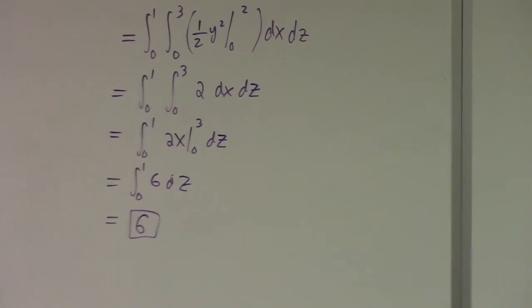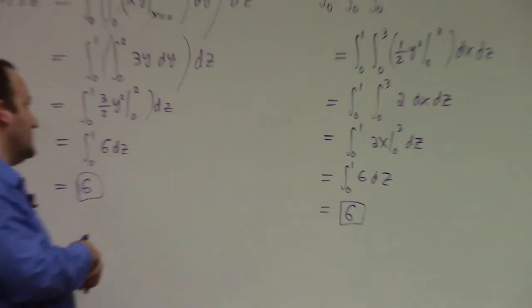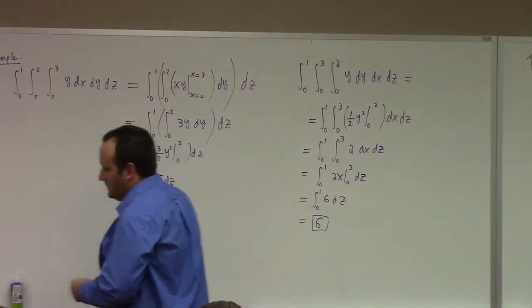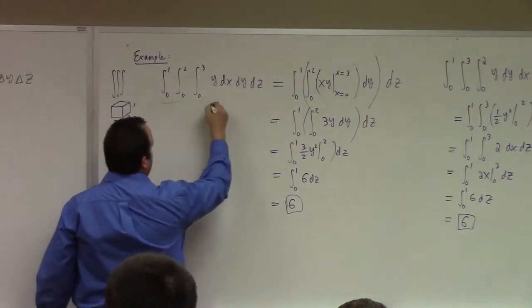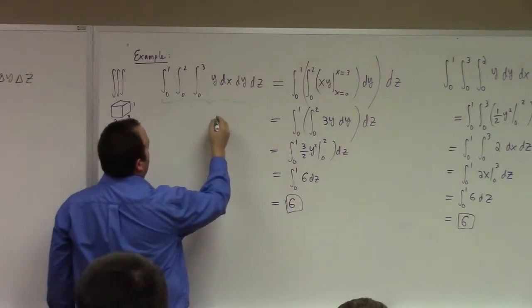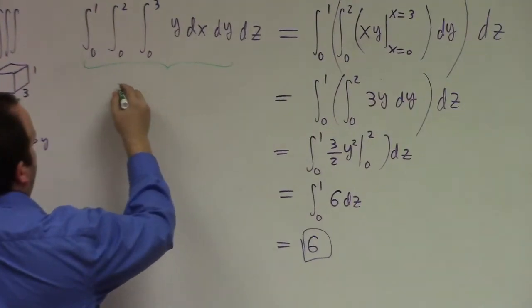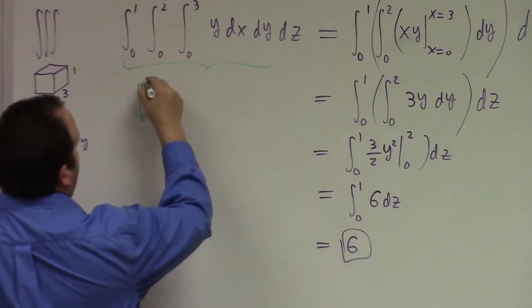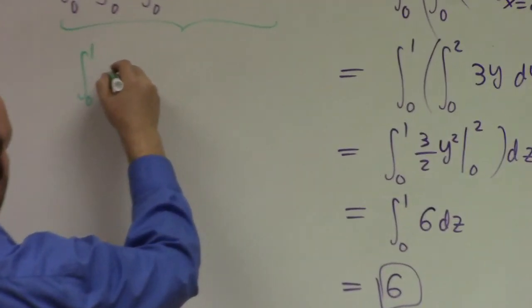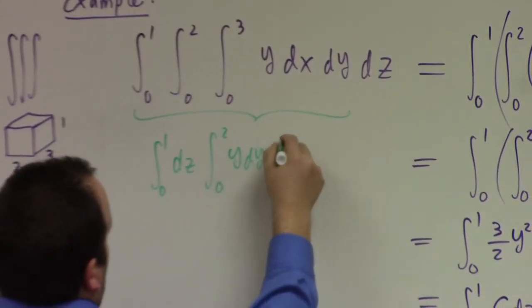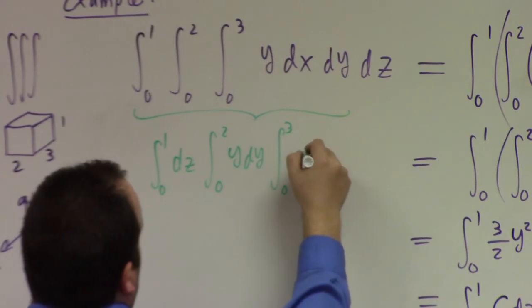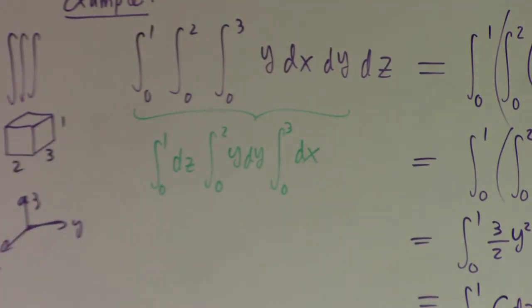Now, it may be too soon for me to tell you this, but there's something really neat in terms of the calculation here. If you have an integral like this, you can simplify it. You can rewrite this as the integral from 0 to 1 of dz times the integral from 0 to 2 of y dy times the integral from 0 to 3 of dx. This kind of integral you can write as just a multiplication of ordinary integrals.